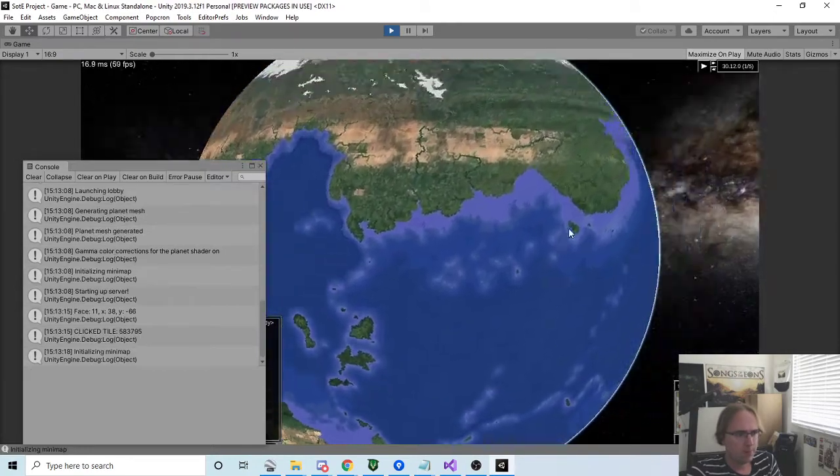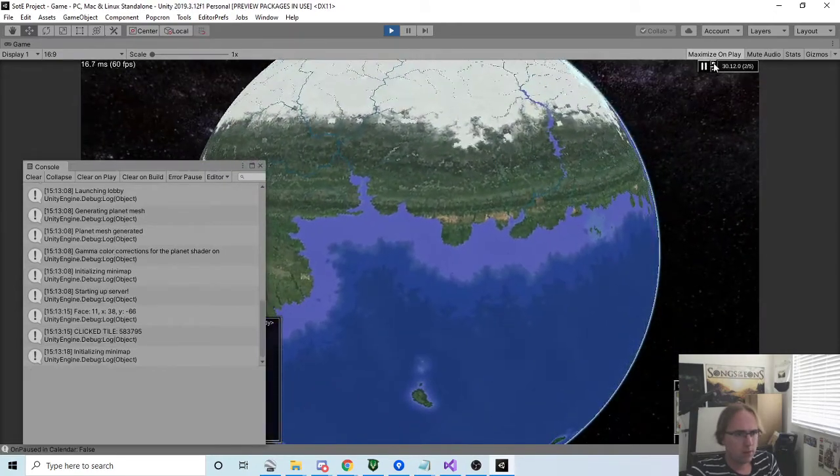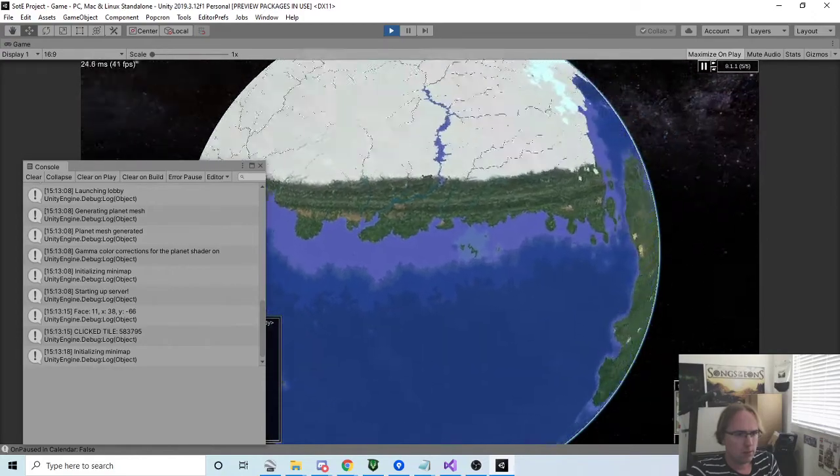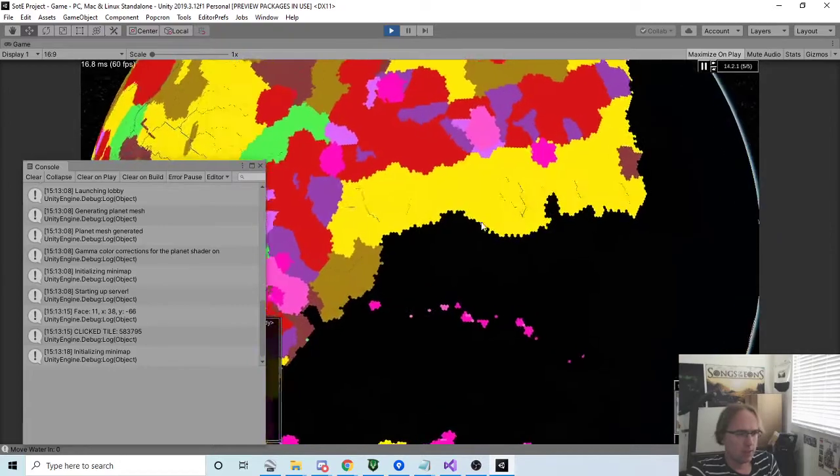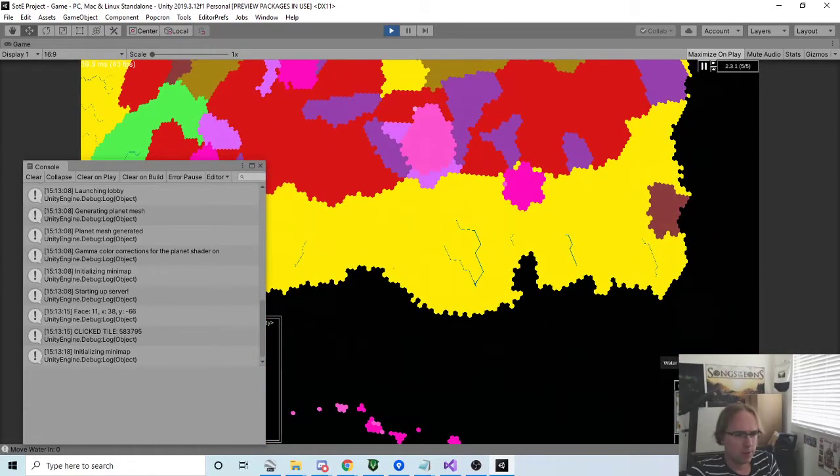That sucks for them. Sandstone. I was wondering why there's so much sand.